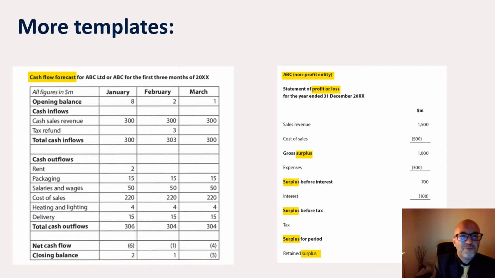This is a statement of profit and loss, but for non-profit making organizations, for example, a social enterprise. The slight difference is the fact that the word surplus replaces the word profit. The rest of the format is the same. But the IB here really flags the fact that although our subject is called business management, we do not just consider profit-making organizations. Social enterprise is also important.